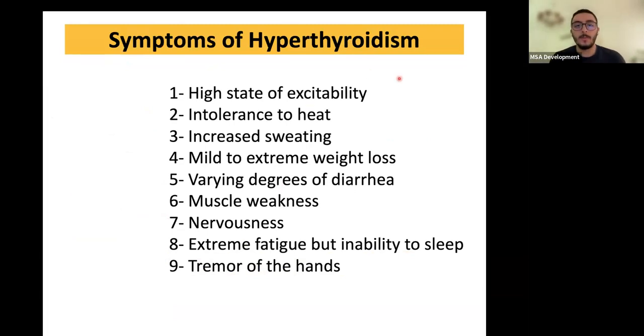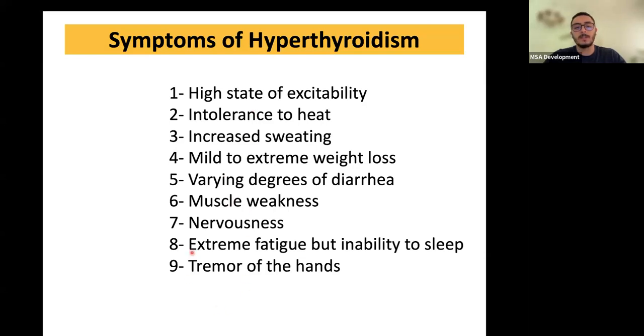What are the symptoms of hyperthyroidism? Basically, you see all the actions I talked about in the functions of the thyroid hormone. They are basically them, but on steroids, literally. So a high state of excitability, you're always excited, and you can't tolerate heat. The patient cannot tolerate heat, sweating.